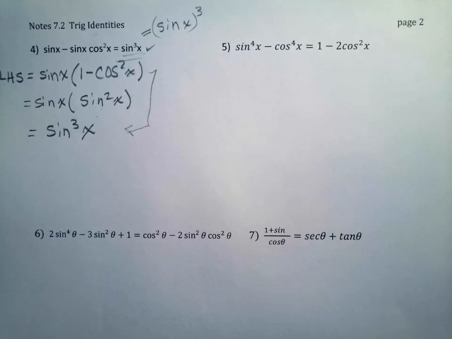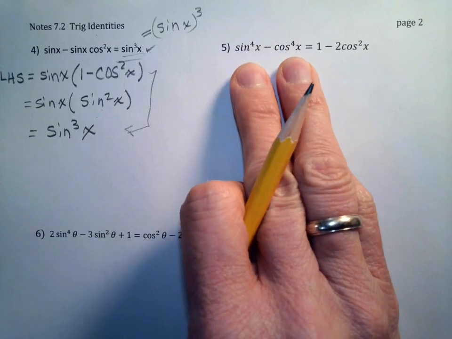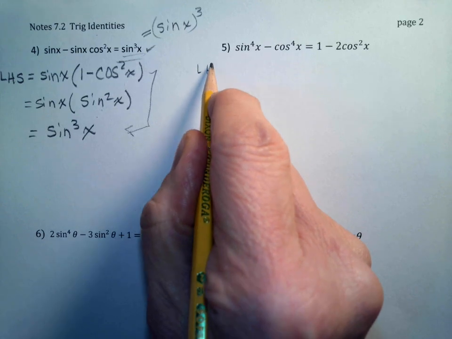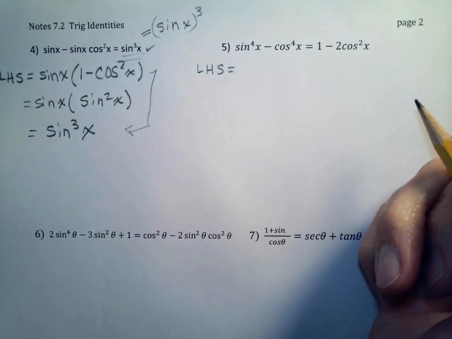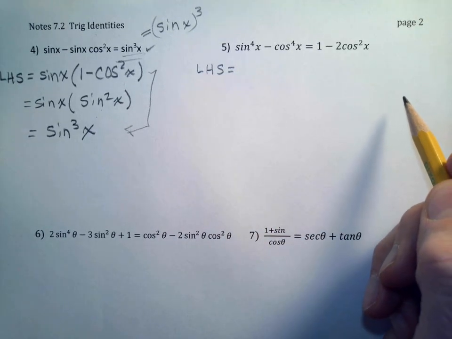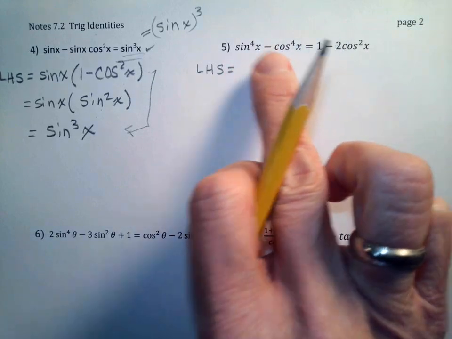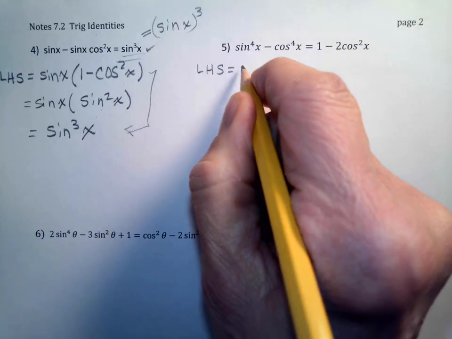All right, on number 5, this side looks a little bit more complicated than that side. So I'm going to start with the left-hand side again on this one. And if you haven't tried this on your own, pause the video before you watch me do it. This is a difference of perfect squares, so I'm going to factor that.